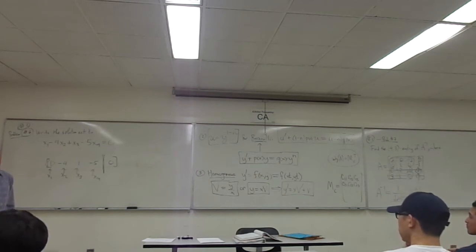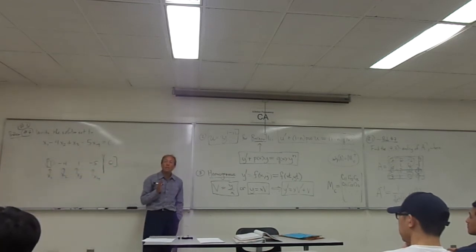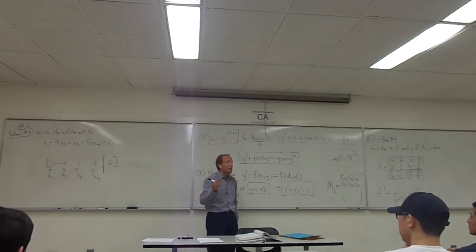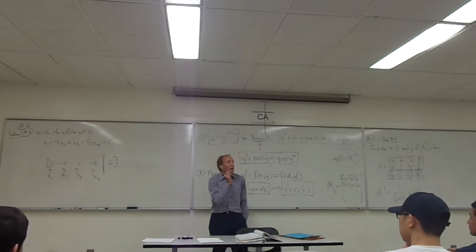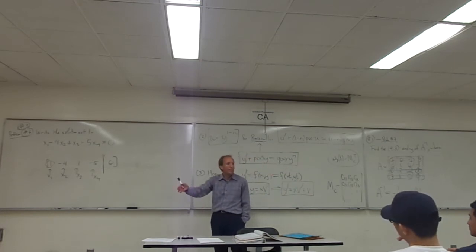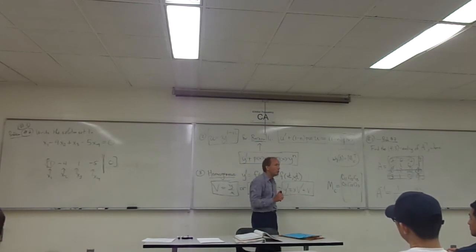One of the morals of the story here, gang, and this is going to become more important as we move into chapters 4 and 5, is that what is important with these solutions to linear systems is where the pivots are, and which columns correspond to which variables. This is what's really important.